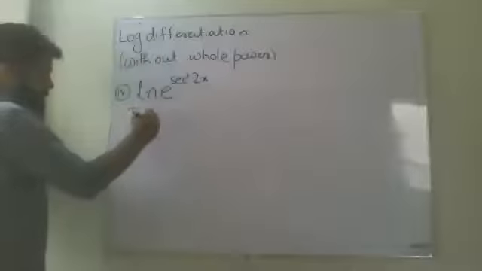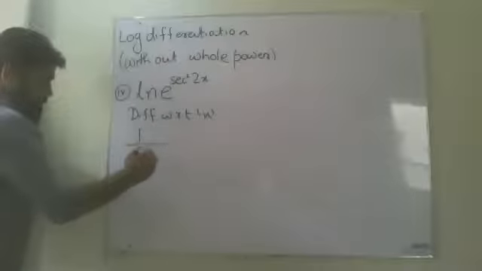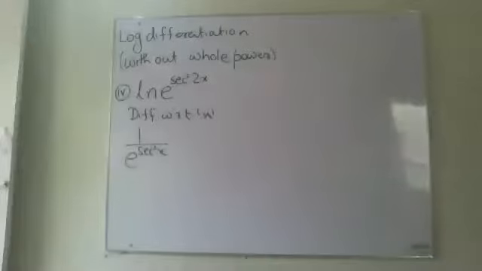First of all, I'm differentiating it. Differentiate with respect to x. And when I'm going to differentiate with respect to x, the multiple will be written like this: e sec square 2x, multiple of log will be written in a reciprocal form.